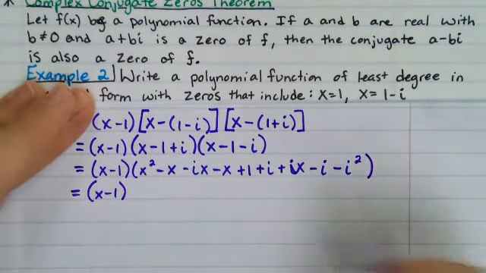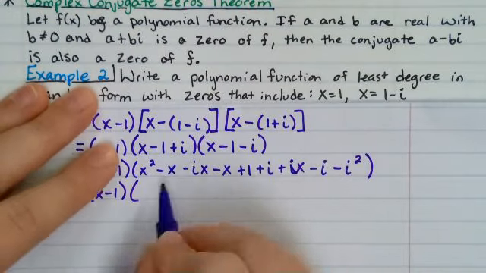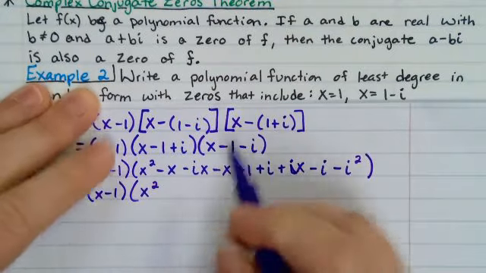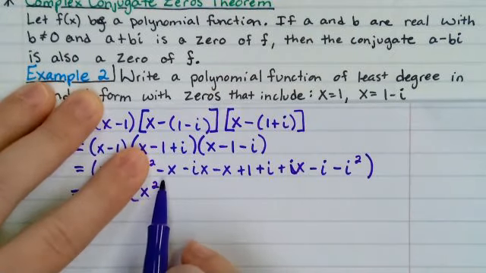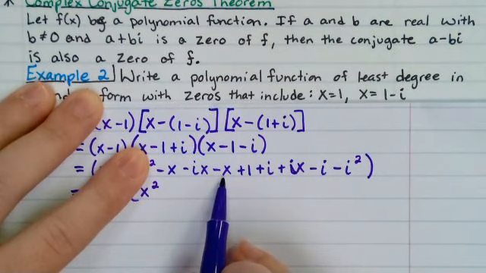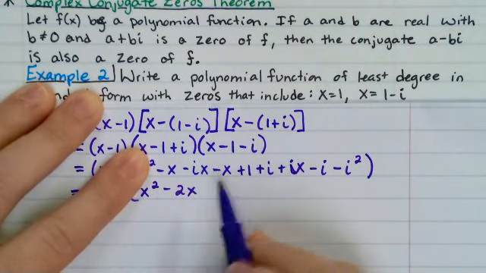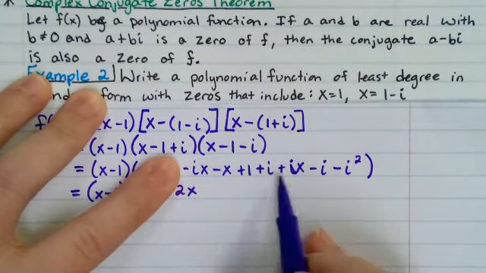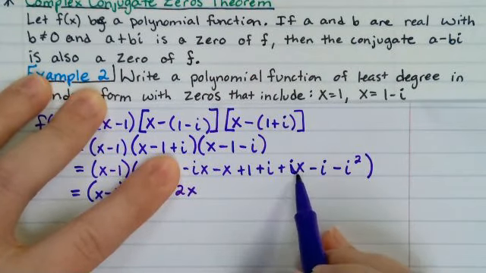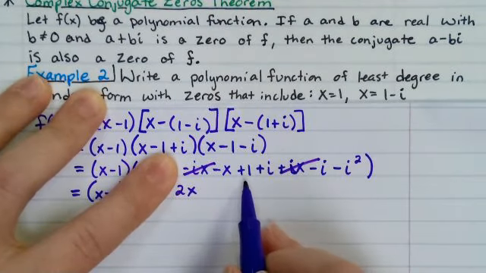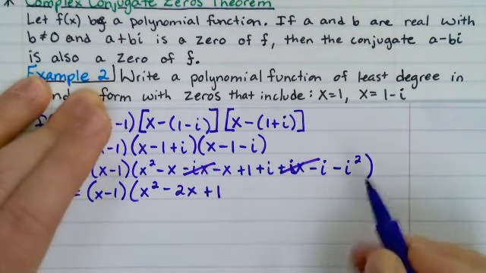We still have this x minus 1 hanging out in the front, but let's clean up this second part. We have x squared. Now I see a minus x, so that's negative 2x. We have a negative ix, and then we have plus ix over here. Those guys cancel. We have a 1, so plus 1.